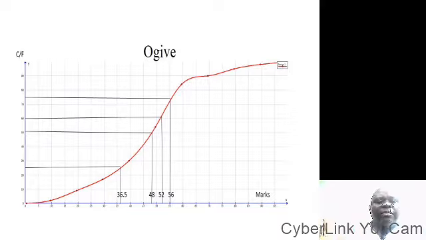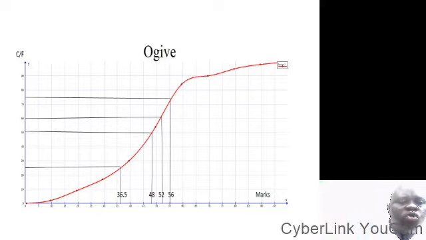Now when you go to the 75 point, draw a straight line again to the ogive and take it down to the horizontal and tell me what you have there. If you do it carefully, you are going to have 56. That is your Q3.